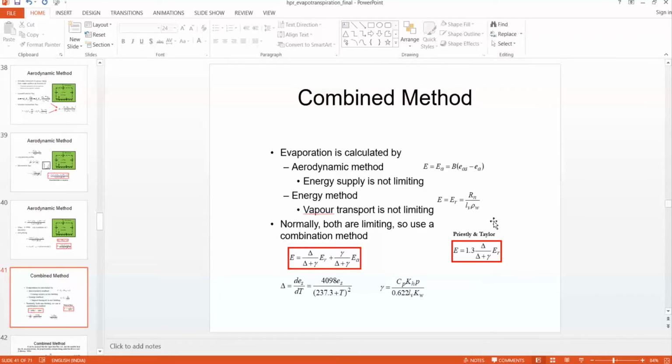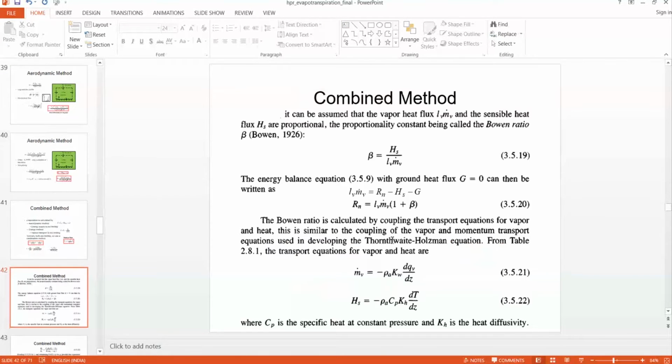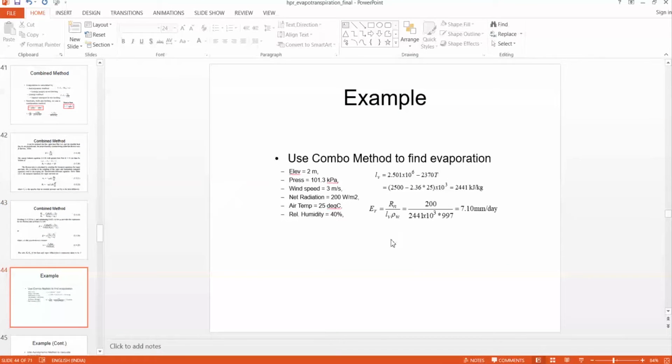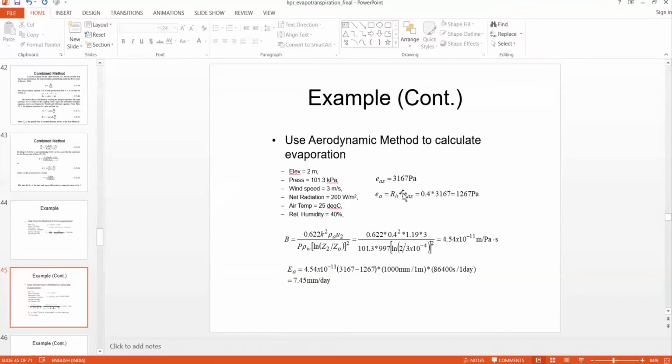So we can do one example. This is one numerical problem to calculate evaporation using the aerodynamic method. This is the same problem as we have solved using the energy balance method.